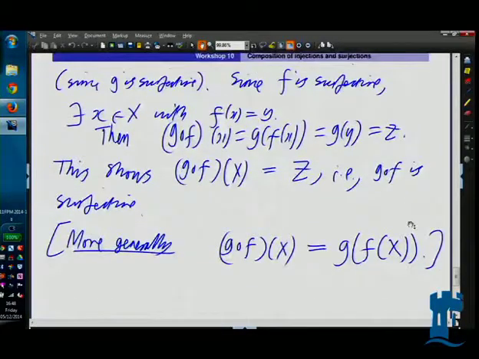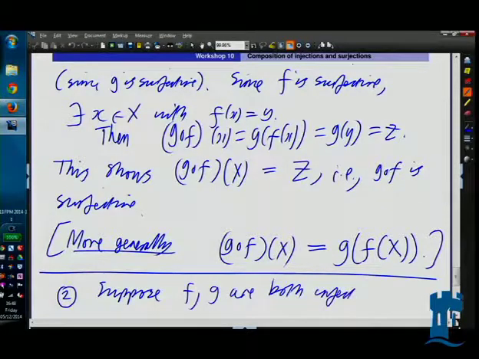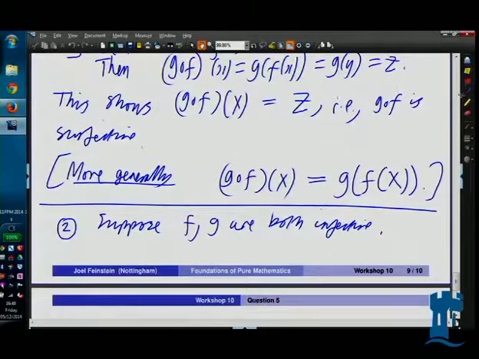Right, what if they're both injective? Suppose f and g are both injective. We have to prove that the composite function g composed with f is injective. This is quite easy.